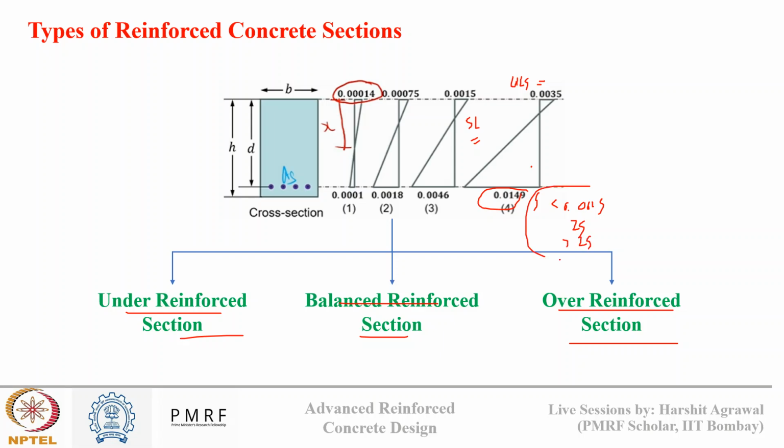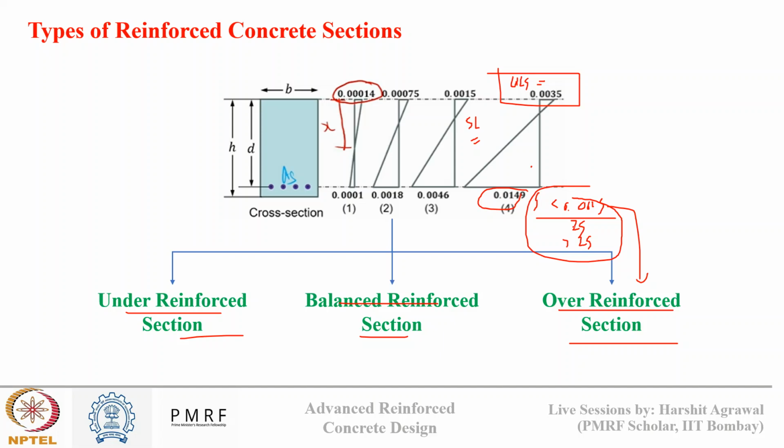And this value will dictate which type of section it is. If the strain in steel is lower than 0.0025, it means there is no yielding in the reinforcement, and the concrete failure is happening before steel yielding. So that comes in the category of over reinforced section.